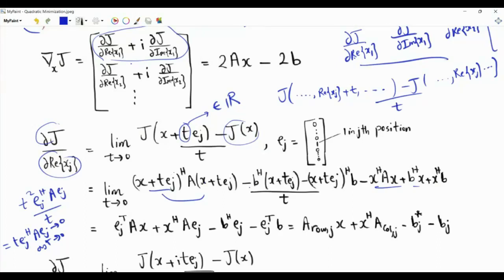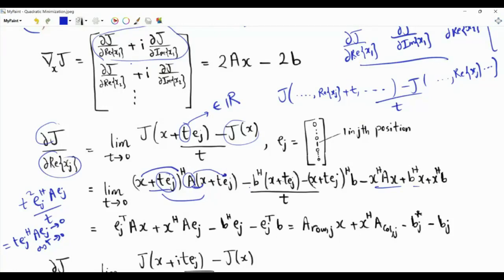So for example, I will take from here the Hermitian of this quantity, which is, again, there is a t. If we do things in slow motion, there will be a t, but then it will go with this t in the denominator. So this is e_j Hermitian. We can write it as e_j transpose. Basically, it is a real valued vector. And then we have A multiplied by x. And then we have a term which is x Hermitian A multiplied by e_j here.